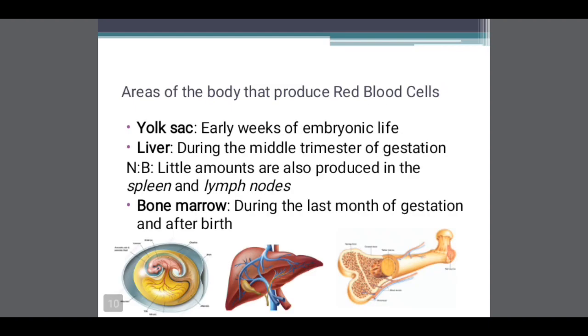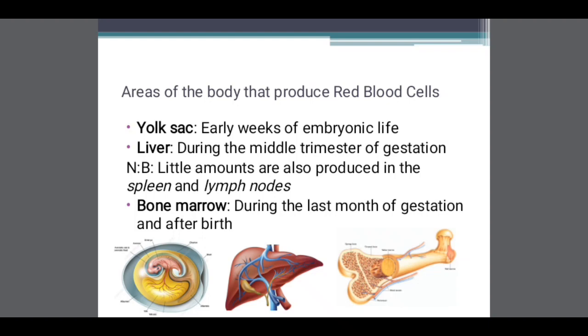Now we see that the yolk sac produces red blood cells, but it does that in the early weeks of embryonic life. That's primitive red blood cells in the early weeks of embryonic life. Then the liver also produces red blood cells during the middle trimester of gestation.